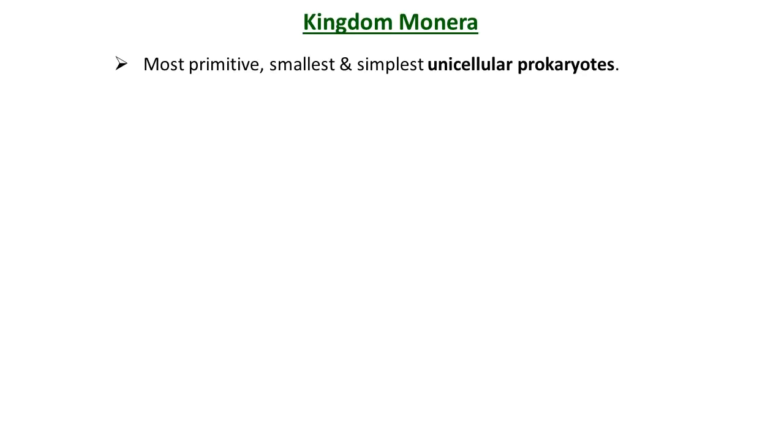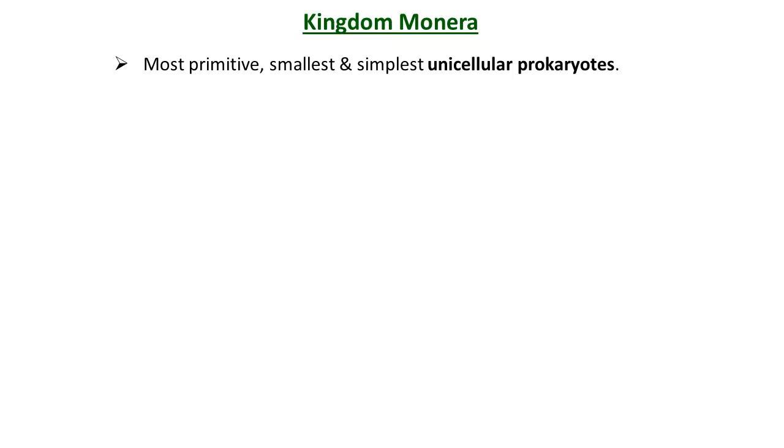The kingdom Monera includes the ancient, primitive, smallest, and simplest organisms. Those primitive, smallest, simplest organisms should have a very simple organization.